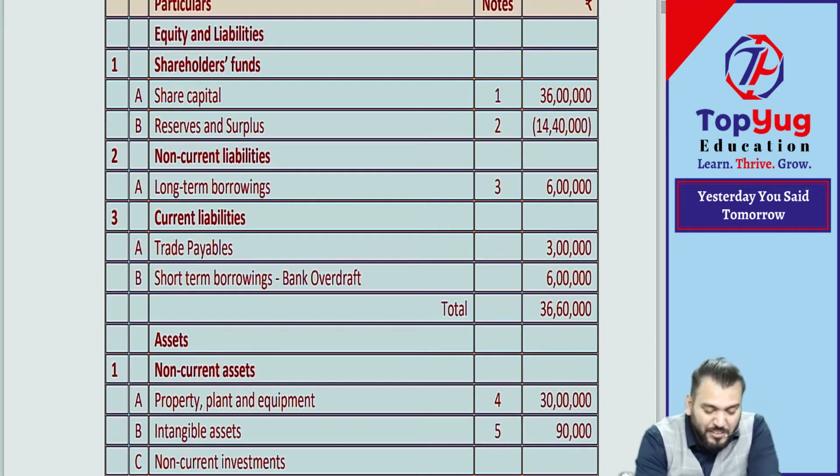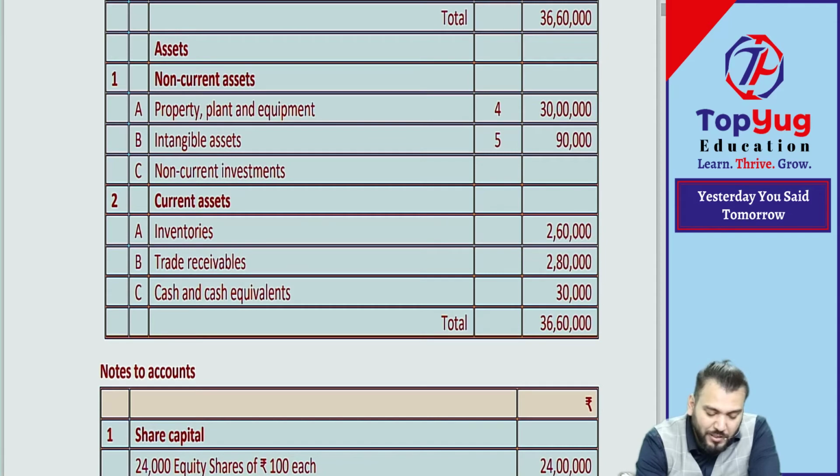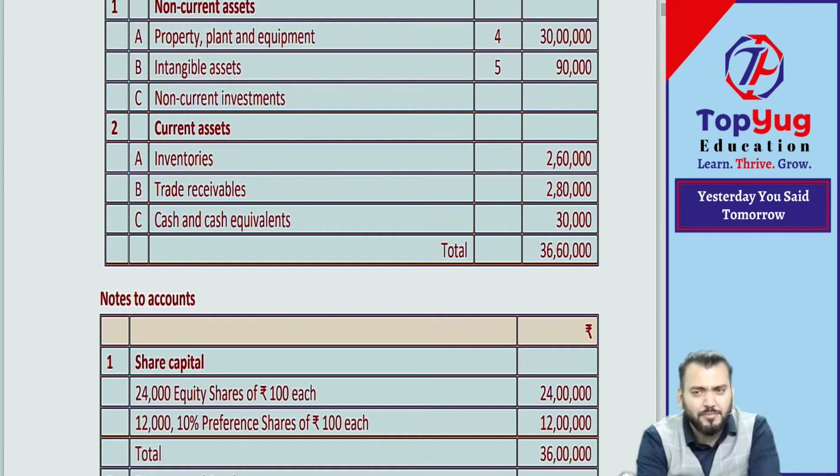The following is the balance sheet of X Limited. Equity and liabilities: shareholders' funds, share capital, reserve and surplus, long-term borrowing, trade payables, short-term borrowing, bank overdraft; property, plant and equipment, intangible asset, non-current investment, inventory, trade receivable, cash and cash equivalent. Normally in the exam, sometimes we don't read the balance sheet and directly come to the information.